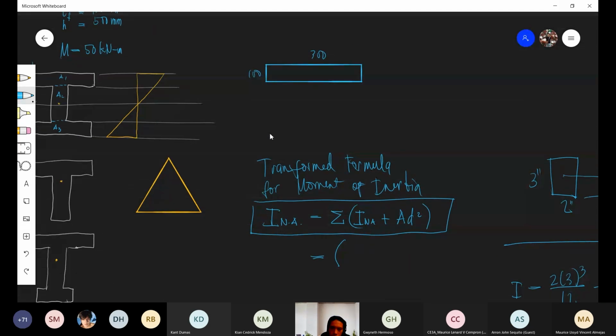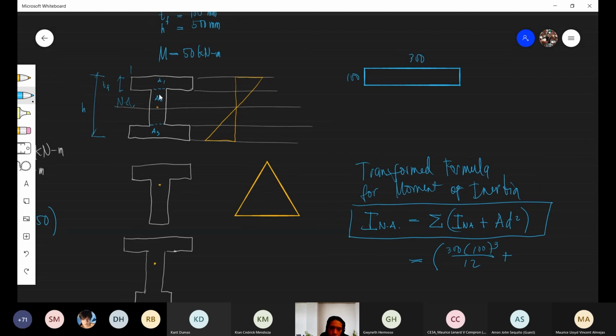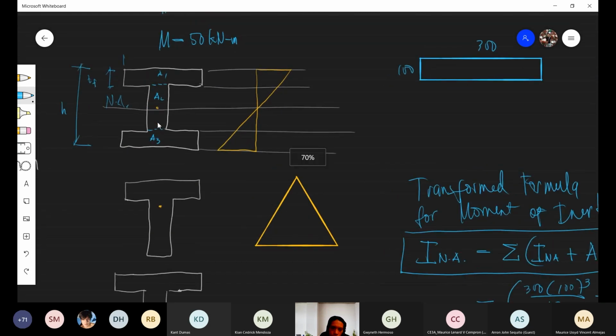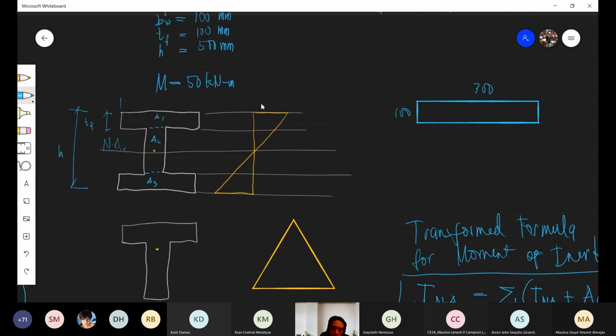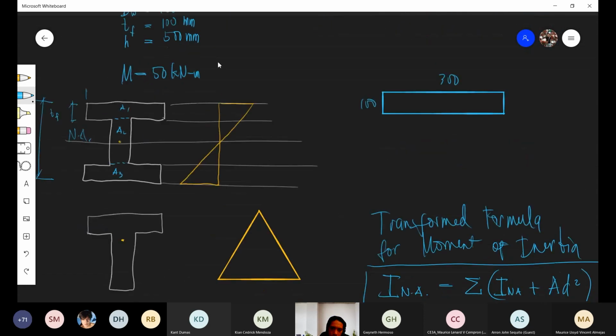This is equal to 300 base times height, which is 100 cube over 12. Okay, that's the INA. Plus, ano pala ito niya? Adto ubos, or ang A2. The base of A2 is the width of the web. The width of the web is 100.